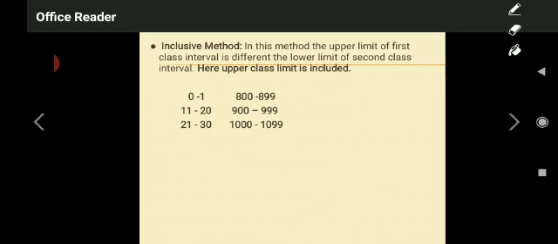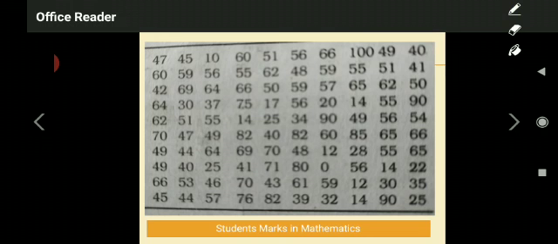Okay. Now, let us understand this calculation of frequency distribution with the help of one example. In this slide, I have shown the students' marks in mathematics. 100 students are there in the class.